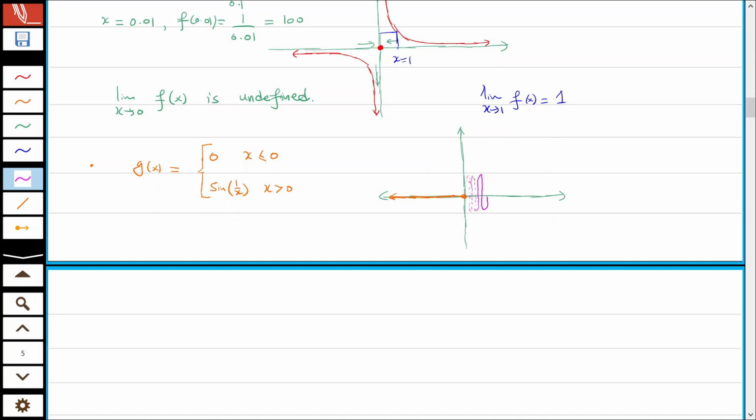But it'll still be after that the graph of the sine function. And so on. It'll be ongoing. So I can say for this function, it's too fast in its oscillations.